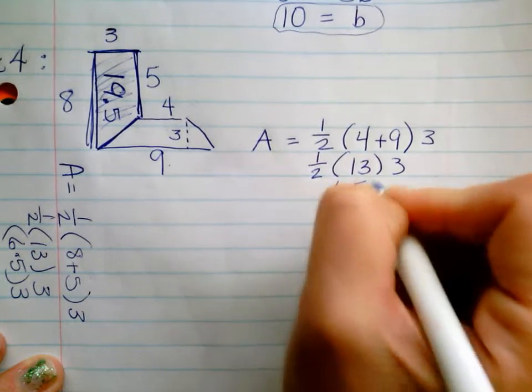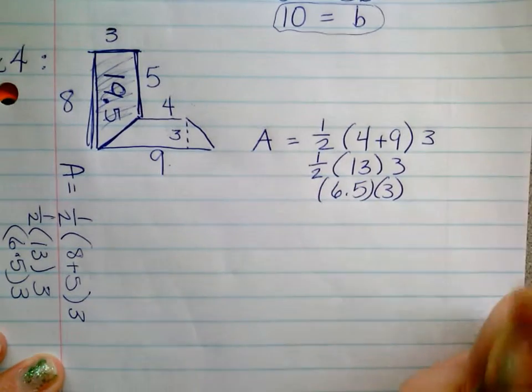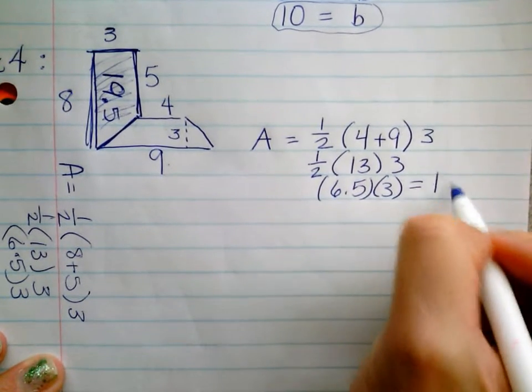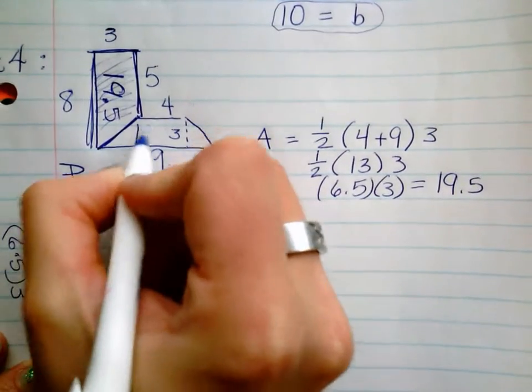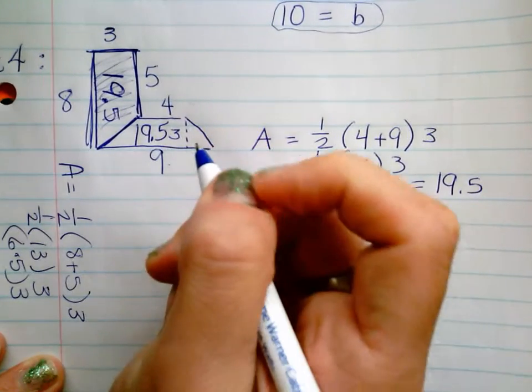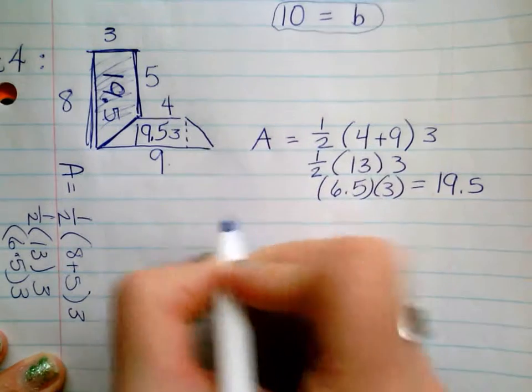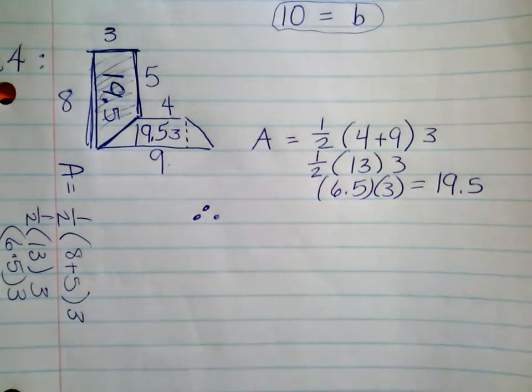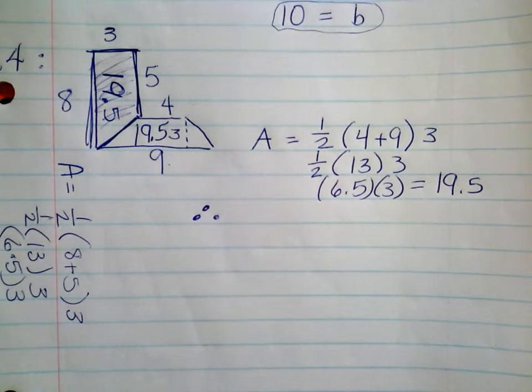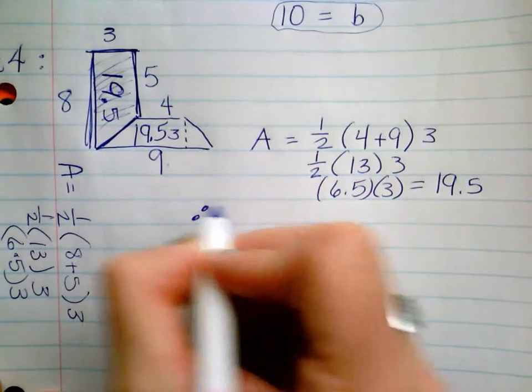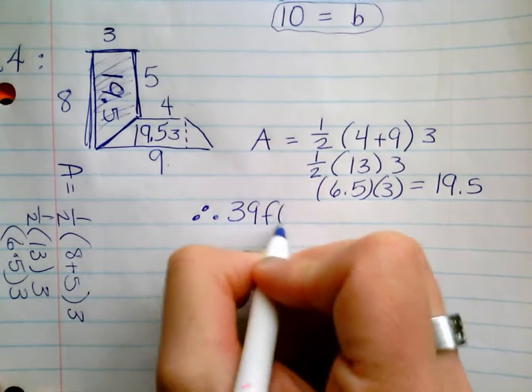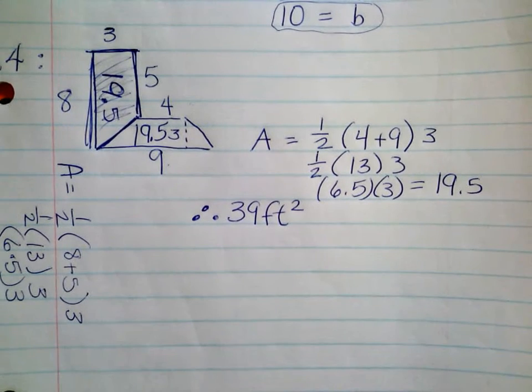Isn't it the same? Looks that way. 6.5 times 3, which is 19.5. So, the sum of 19.5 added to 19.5 is 39 square feet. 39 square feet is right. Awesome. That's it, folks.